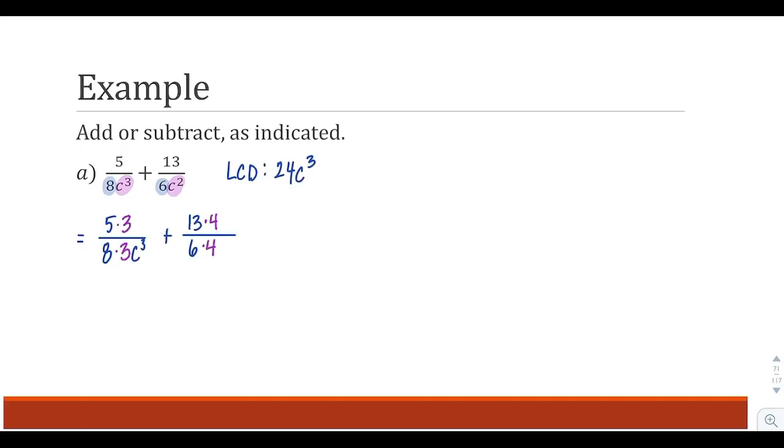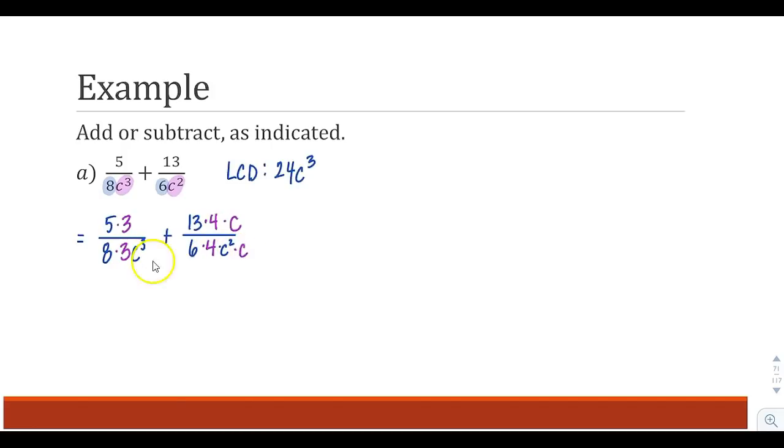Now, the left side denominator already has c cubed, so that's going to stay exactly the same. I wouldn't put anything on the top because I didn't change the denominator at all. Over here, I had a c squared, but I need an additional copy of c. So if I multiply the denominator by c to end up with c cubed, I also have to multiply the numerator by c.